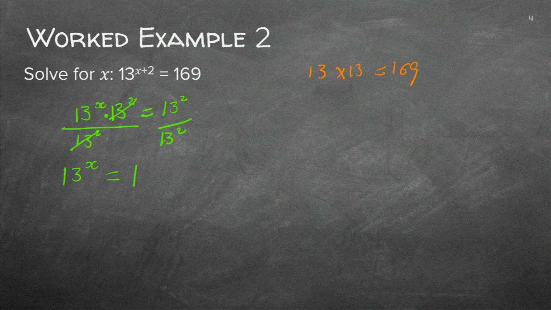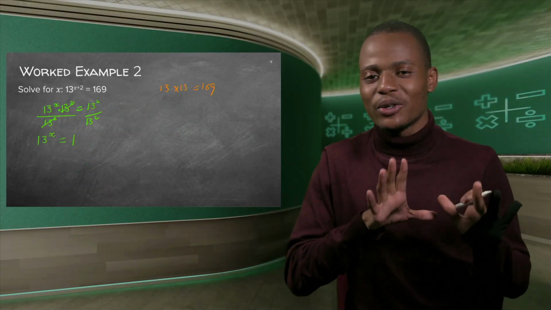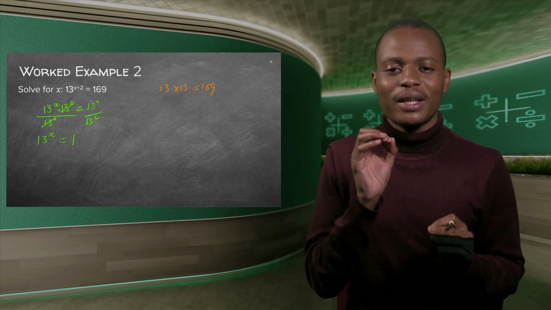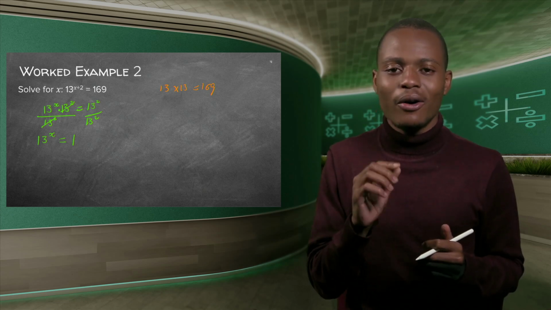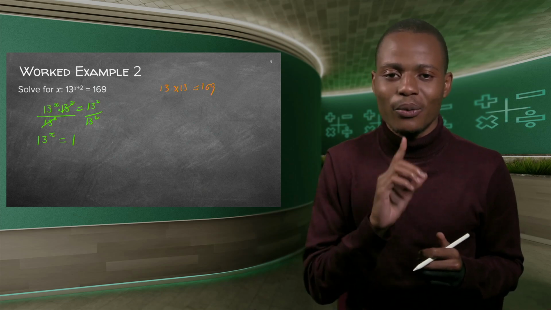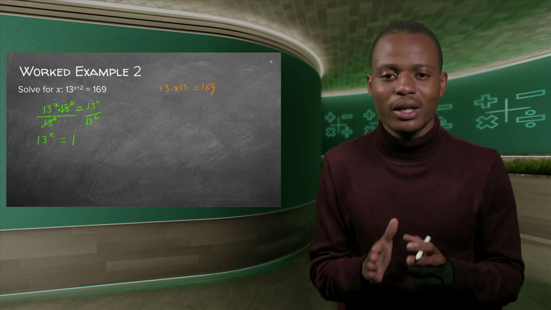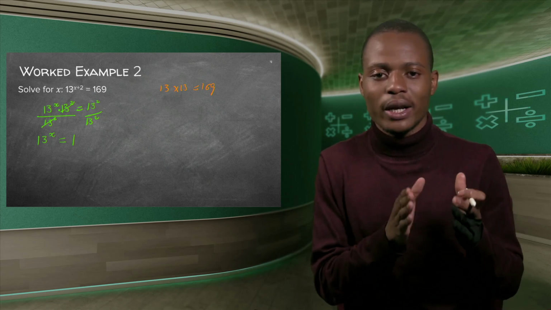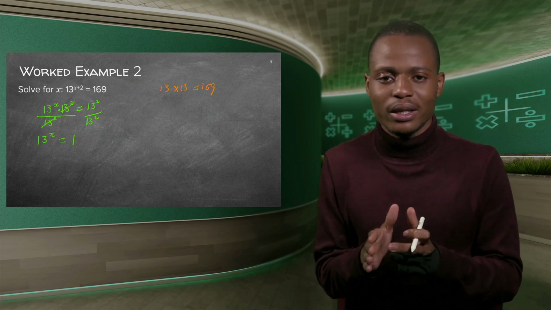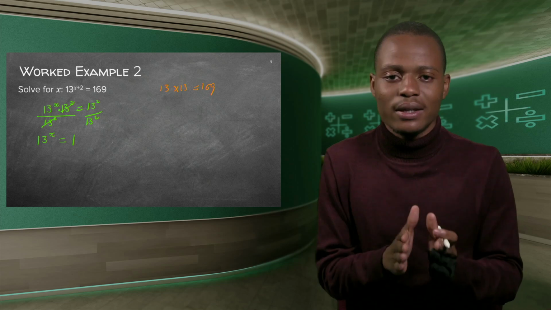So if it is equal to 1 like that, you go back to one special rule, guys, because remember you're solving for x now. There is a rule that says any number to the power of 0 equals 1. So it's one of the exponential rules. If you go back to our first lesson on exponents, you'll see a rule there saying any number to the power of 0 is 1.